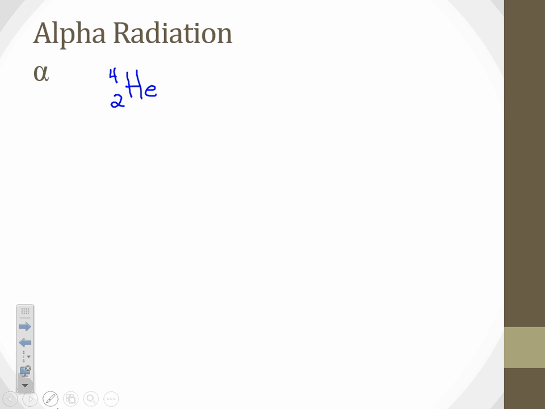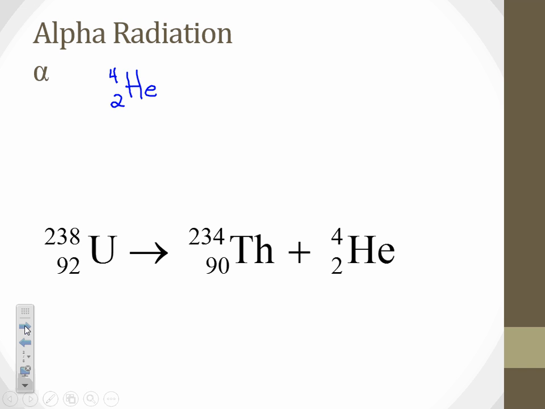Uranium-238 undergoes alpha decay. So when the alpha particle is on the right side of the arrow, this is decay. And since we're using an alpha particle, I'm going to write alpha decay.